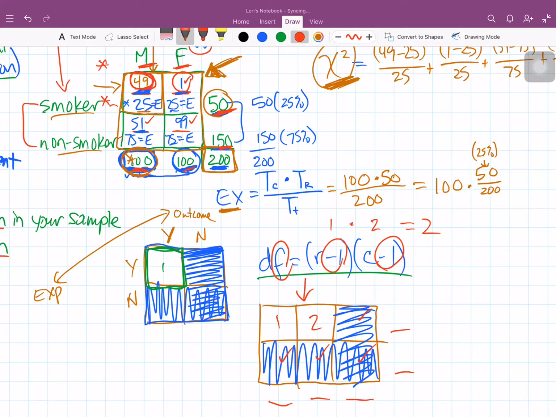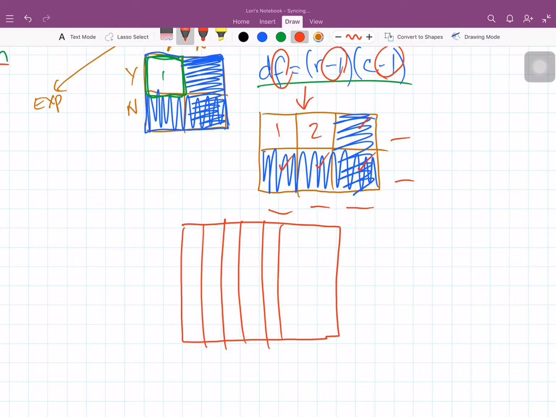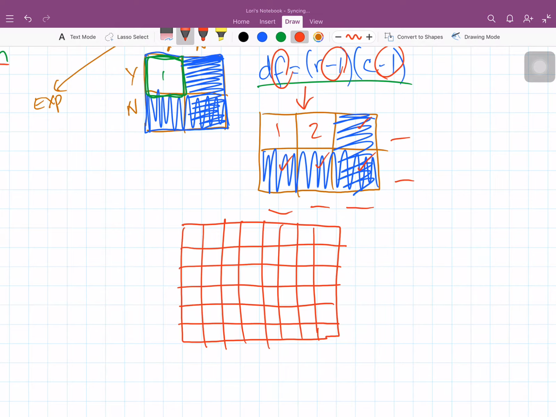Let's do one that's a little bit bigger. So let's use these as our dividing point. Let's say we are testing the relationship between education level, and we have 6 categories, like no elementary school, graduated 8th grade, and so on, all the way up to master's or graduate student.